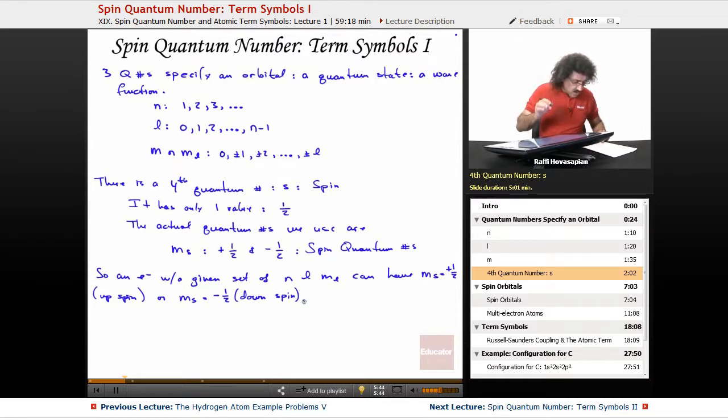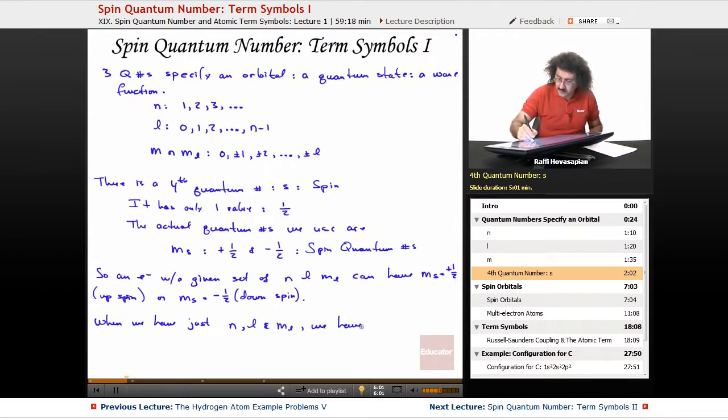Now, when we have just n, l, and m sub l, we have an orbital. We have a quantum state. We have a wave function.